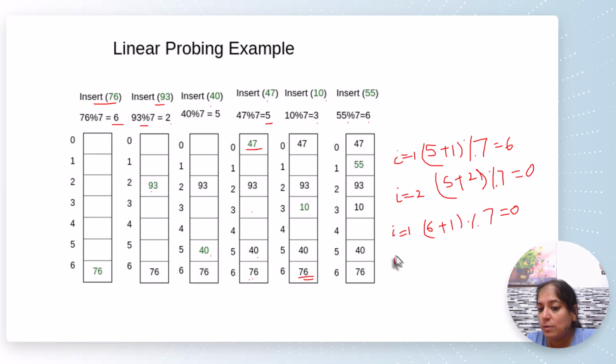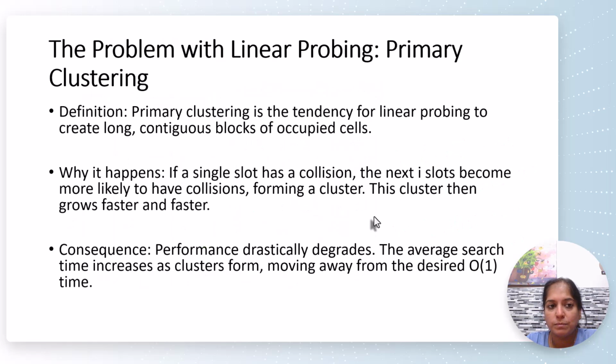So we take i equals 2, which is 6 plus 2 mod 7, which gives us 1. 1 is vacant. So at index 1, value 55 is stored. So this is how linear probing works to resolve collisions.